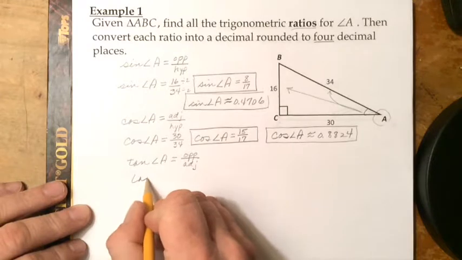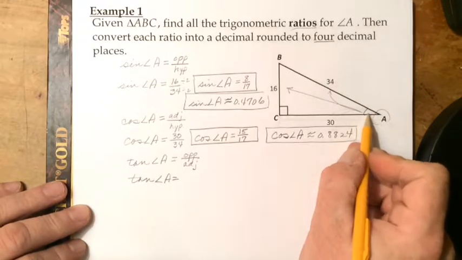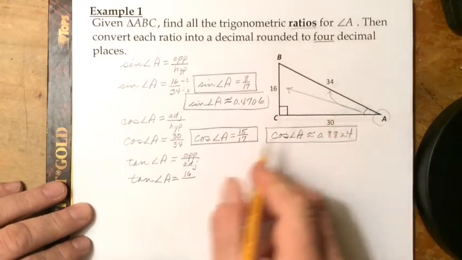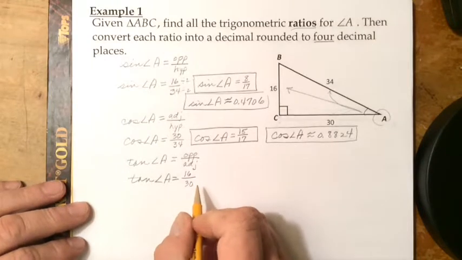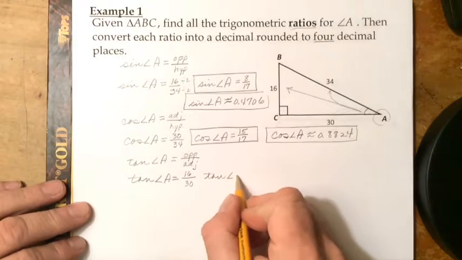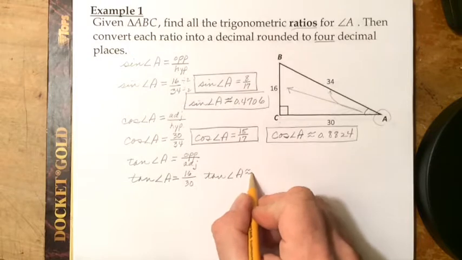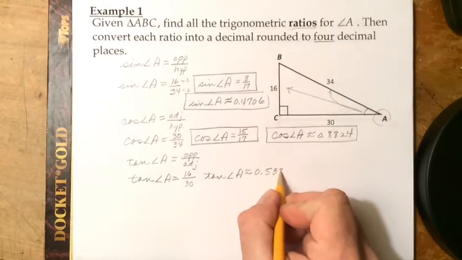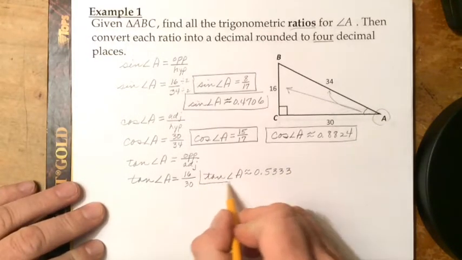So the tangent of angle A in this particular triangle would be opposite 16 to the adjacent 30. 16/30 reduces again by 2, and so the tangent of angle A is approximately equal to 0.5333, 4 decimal places.